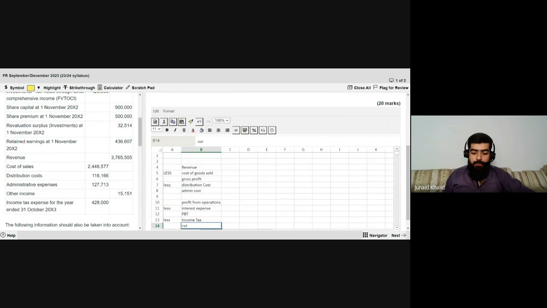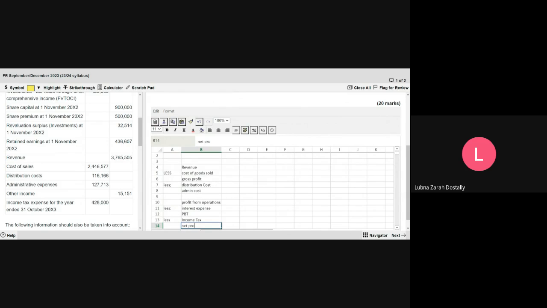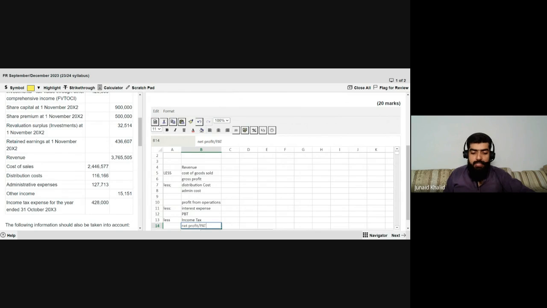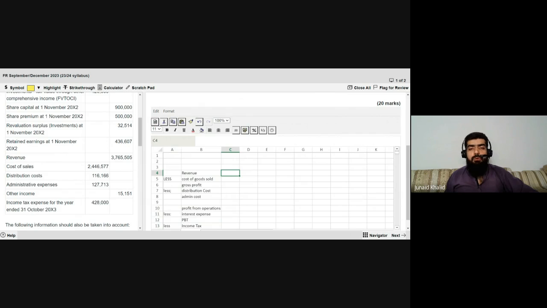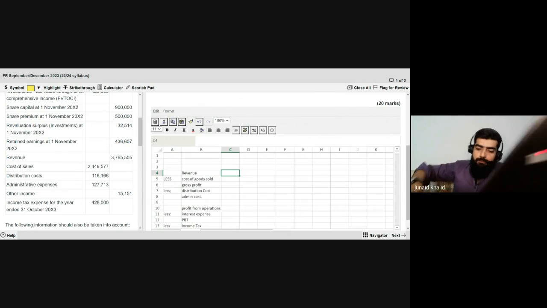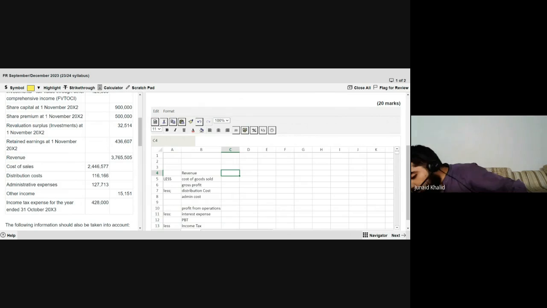Then we will have profit after tax, the net profit, or we can say PAT. PAT stands for profit after tax. So that is the income statement which I have drawn. Now what I have to do is put in the values that are given over here. And second, if there is any adjustment, I need to adjust that information as well. Okay, let's start with the first adjustment.